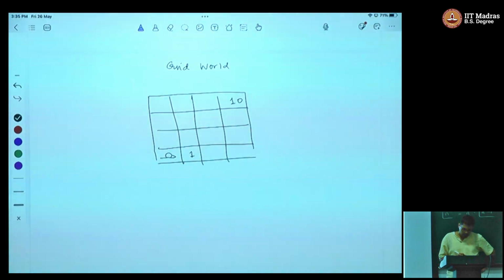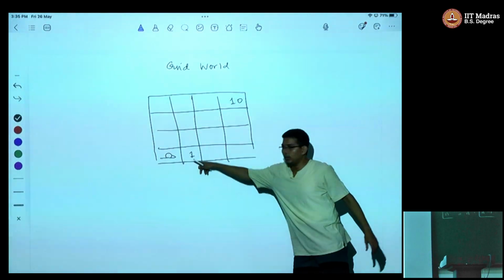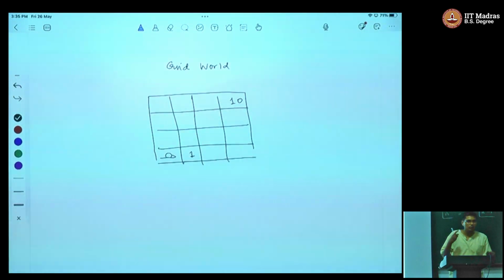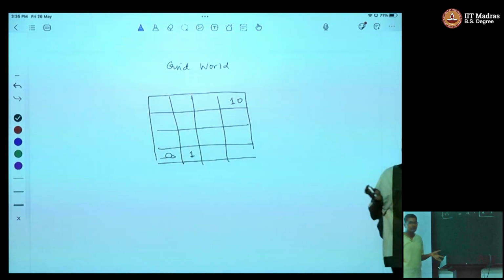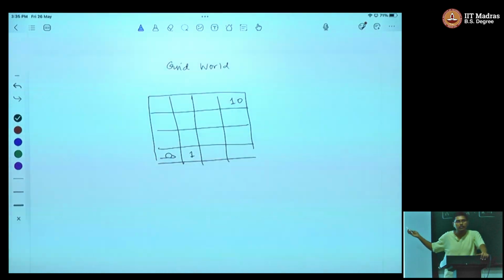If you visit this place, you can always get cheese worth 1 every round. Every time you will keep getting it; there is some source of cheese. It eats, then it gets replenished, but only by 1 amount. If it goes here, it can get 10. Or you can think of this as the quality of cheese. And it can go up, left, right, or down, or it can actually stay.